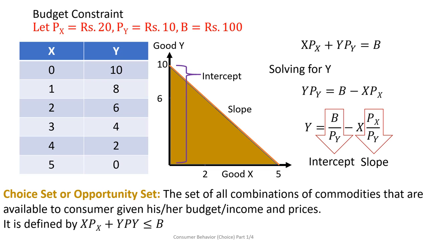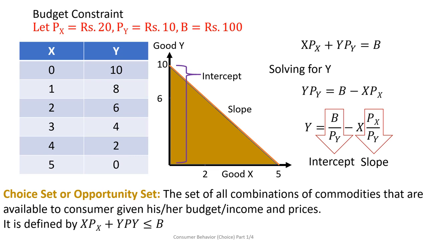These bundles form the choice set or opportunity set. In other words, an opportunity set or choice set represents all combinations of the commodities that are available to the consumer and he or she can purchase them given his budget and prices.